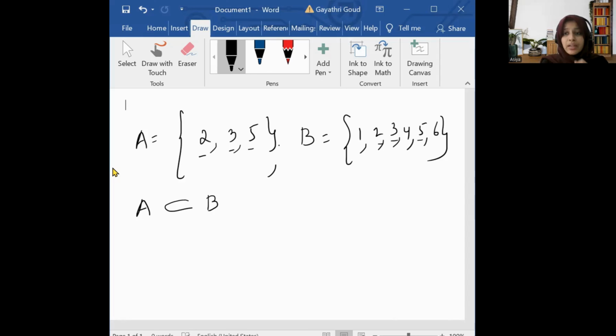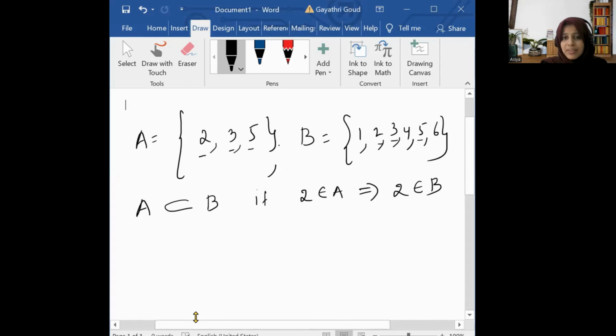Now we are going to learn about new symbols. Please pay attention. What have we seen? A is a subset of B if the elements of A belong, suppose this is my element, whatever it is, 2 belongs to A, and which implies 2 will also belong to B.